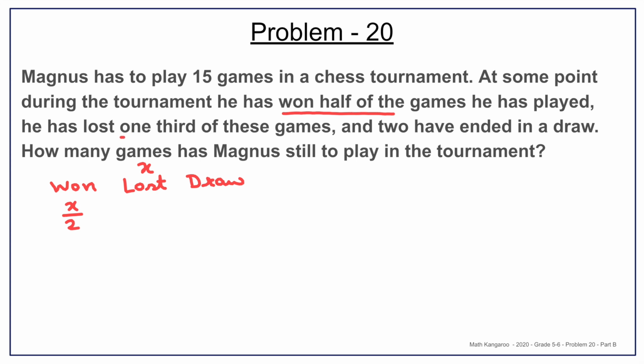He has lost 1/3 of these games. So if he has played X games, then he has lost X by 3. And 2 have ended in a draw. So we have 2 in a draw. Now when we add this, we are getting the number of the games he played, which we assumed X.